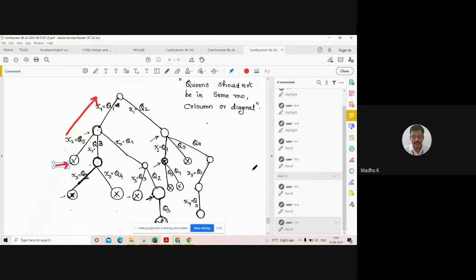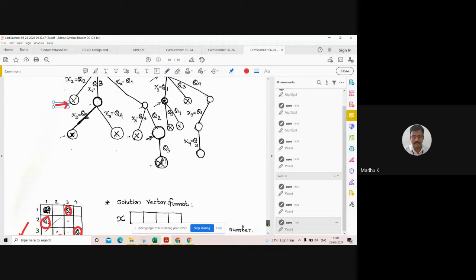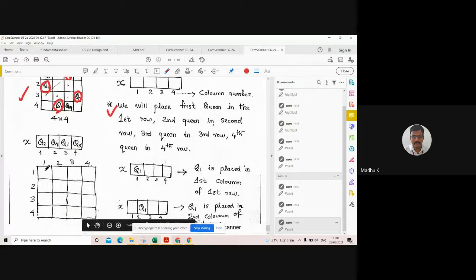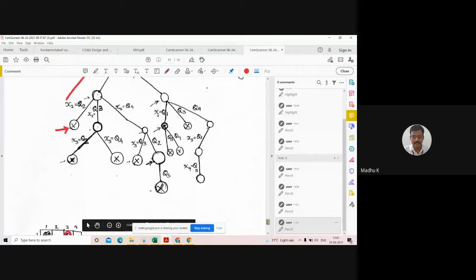That means first I placed q1 here, then I placed q2 here. Before placing the next node q3, I will check whether this solution is okay or not.